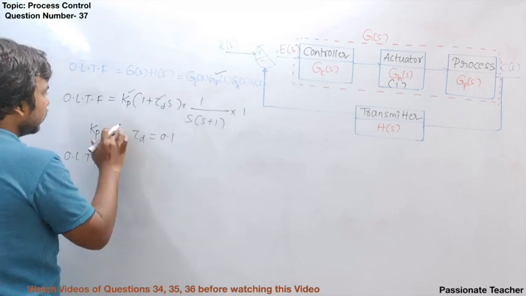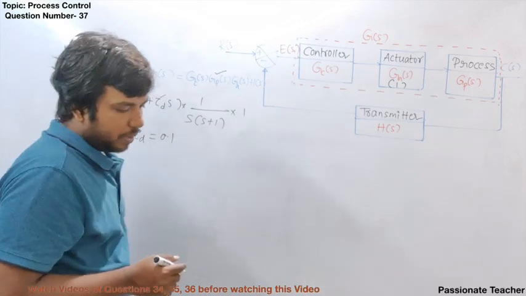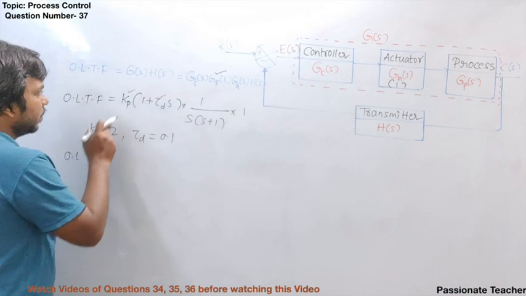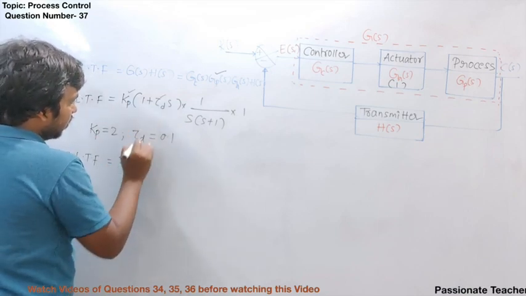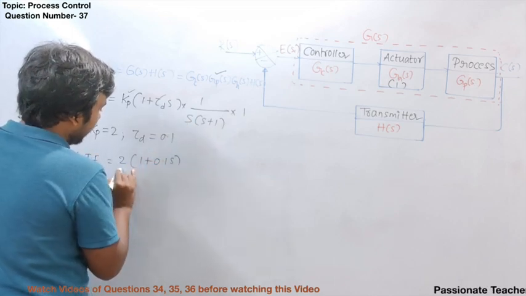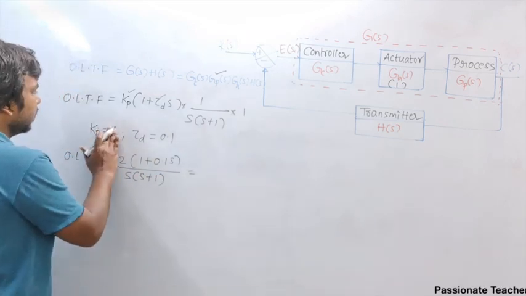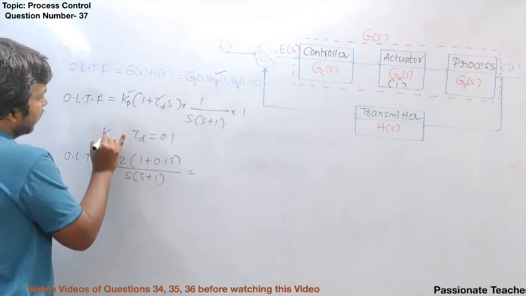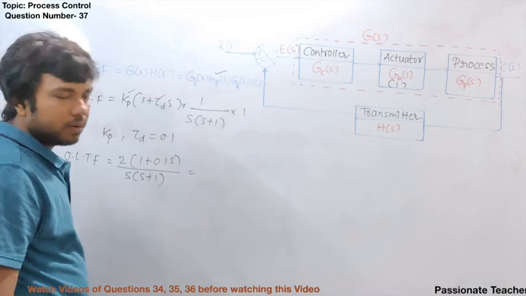Or else you can take Kp equal to 2, because anyway Kp and tau d all depend on the controller tuning method. For understanding purpose, let us not take the Kp value, let's keep Kp as Kp itself. But let's consider tau d is equal to 0.1, that is, the derivative time constant is equal to 0.1.